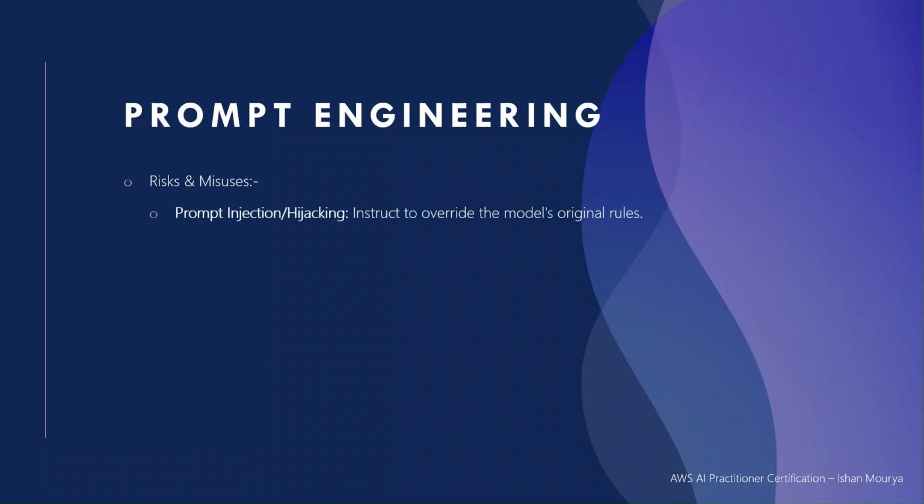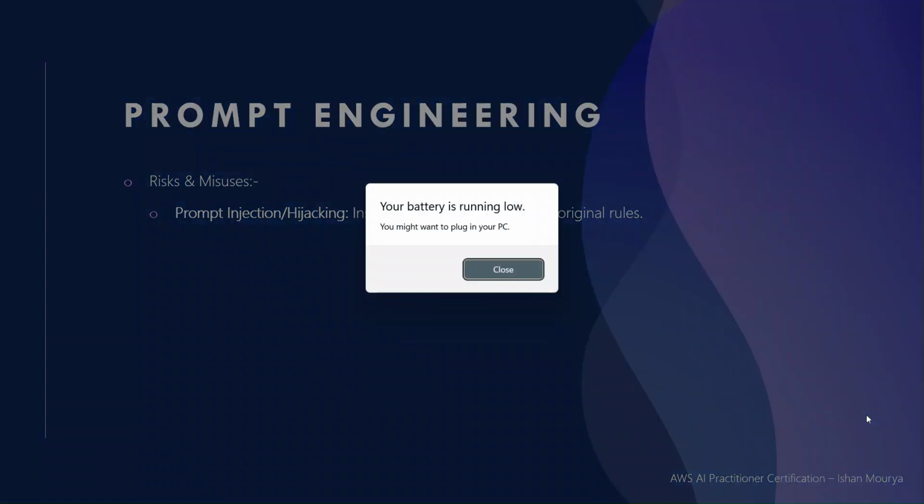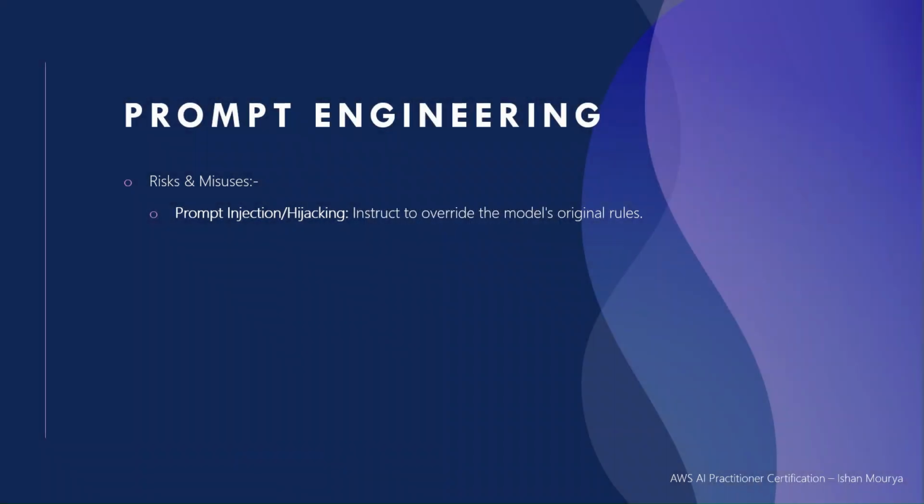Let's say for a company you have added your model, and that model is restricted to do specific things. You have already set restrictions on the model not to do certain things. Now some user comes and tries to override the model rules.